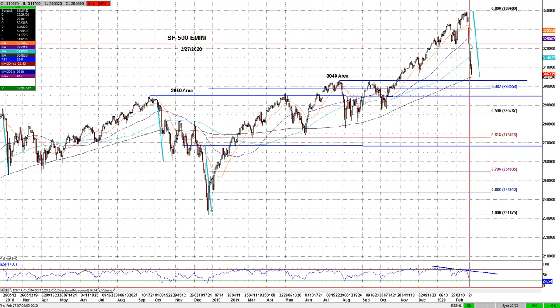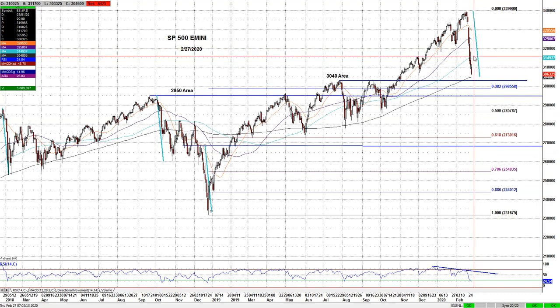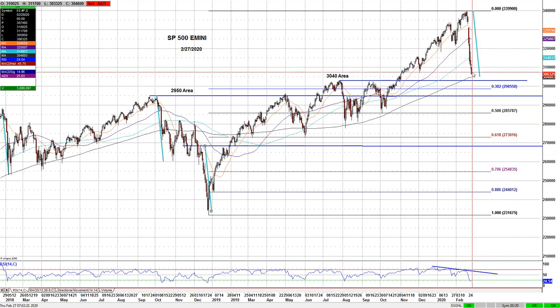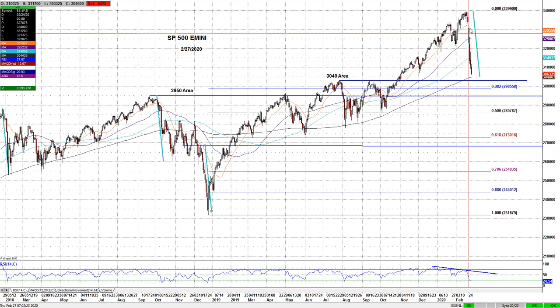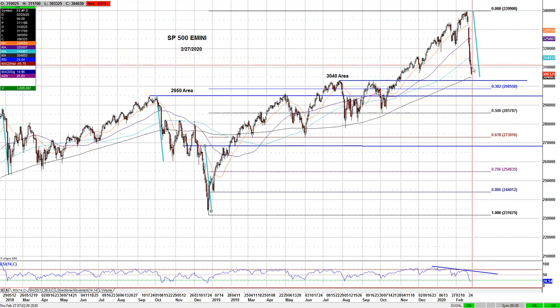If we were to look intraday on some of these bars, we see some very swift moves to the upside. I think that yesterday, before another decline started, there was just about a 100-point move back to the upside. You can't really see it on this daily chart, but it's important to keep in mind that this is a very steep, sharp, swift move to the downside.